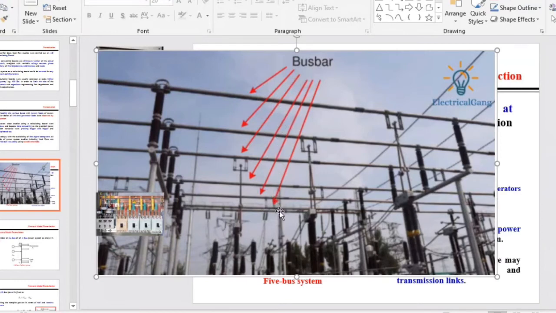And what we do in a substation: incoming transmission lines are there, and we connect those incoming transmission lines to the bus bar, and from the bus bar we connect a number of transformers. At the secondary side of the transformer we also take them to the outgoing bus bar, and from the outgoing bus bars we might have some direct load, or some transmission line or sub transmission line going out of that substation.